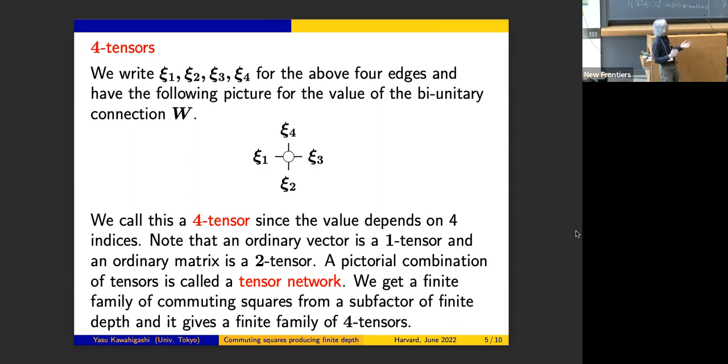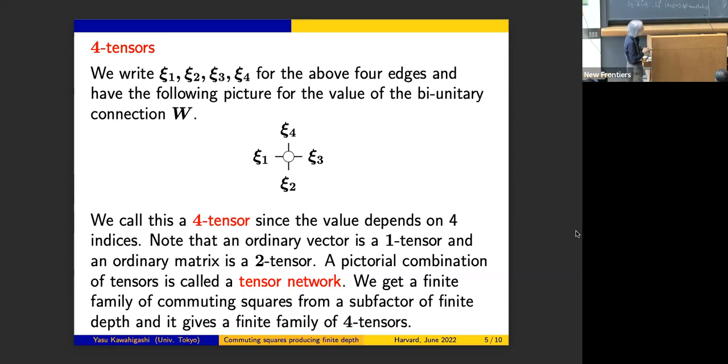Of course, it's well known that an ordinary vector depends on 1 index, so this is regarded as a 1 tensor. And for a matrix, we have say A_jk, so this complex number depends on the choices of two indices. So this is a 2 tensor. So we have 3 tensor, 4 tensor, and so on. This is a 4 tensor.